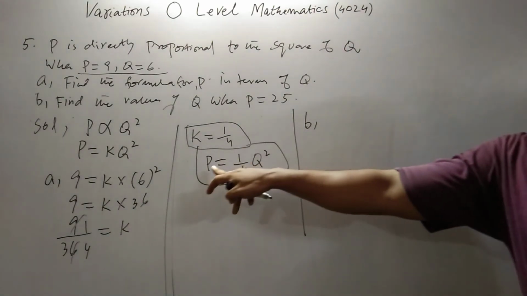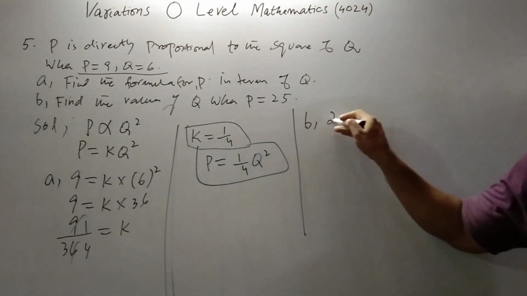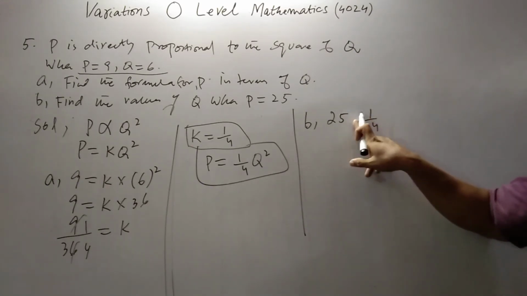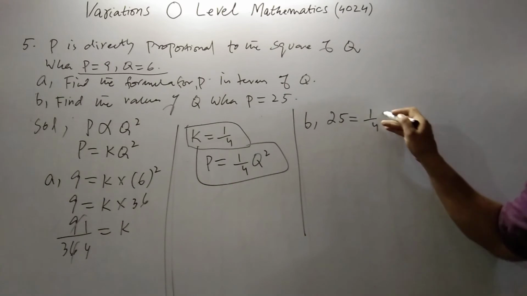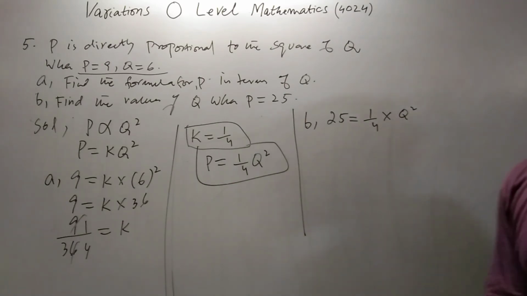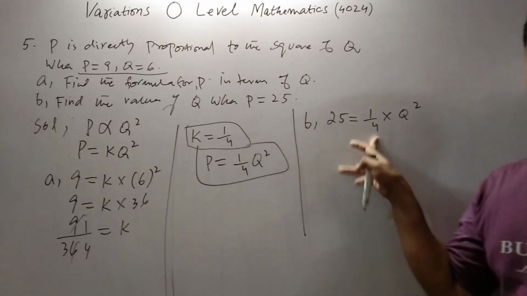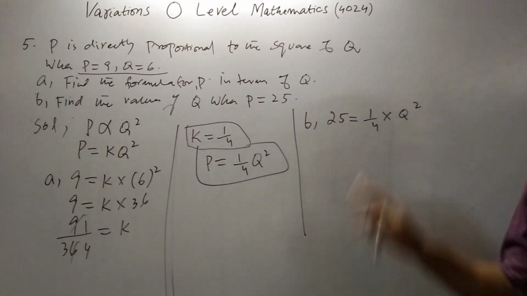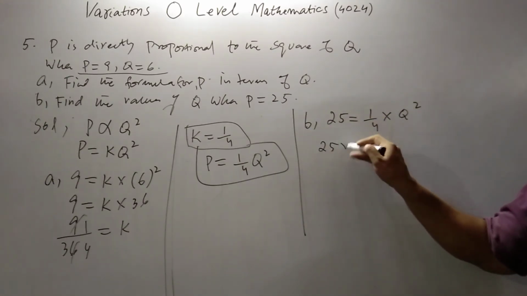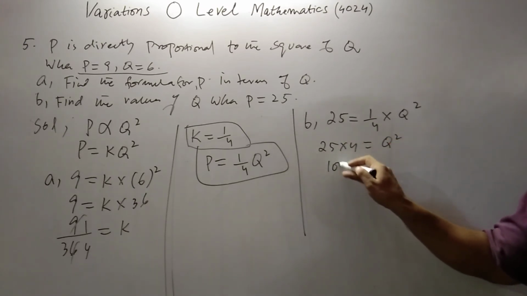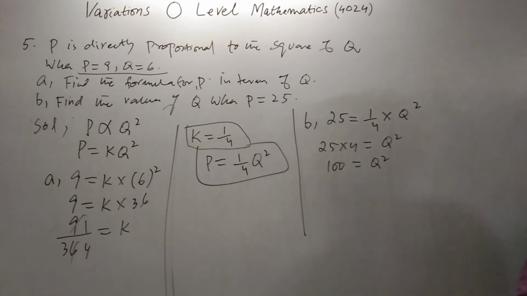Now, put 25 over here. 25 is equal to 1 upon 4 into Q square. We need to find the value of Q, therefore we move this 4 to this side. This 4 is divided, so this should multiply by 25. 25 fours are 100, Q square.